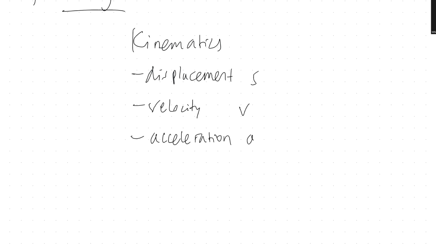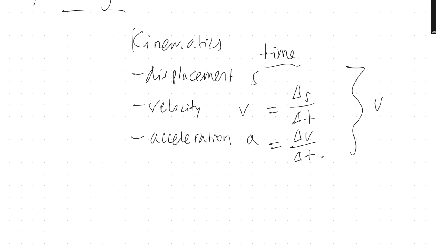So the velocity is a change in displacement over change in time. So the idea of time is also very important. And the acceleration is change in velocity over change in time. And we know that all of these are vectors, which have magnitude and direction. And we learned that we can sum vectors.